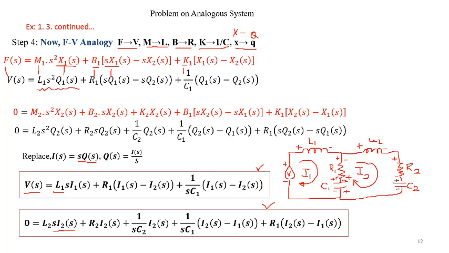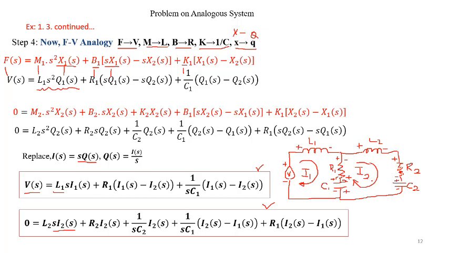So L2 into I2, R2 into I2, 1 by C2 into I2. Here it will be 1 by C1 into I2 minus I1. Here it will be R1 into I2 minus I1. So this is what we are going to get.